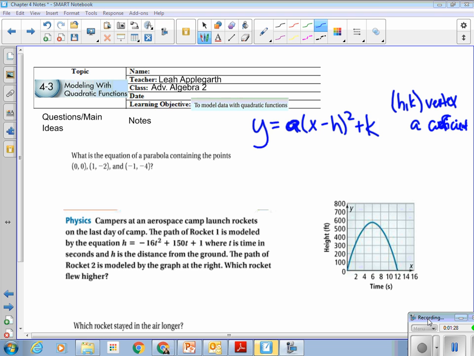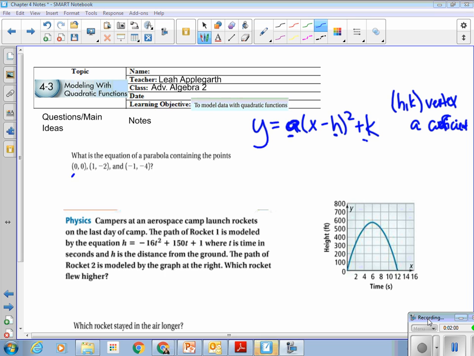So if we look at this equation, if we're trying to put together an equation, and I have x and y, I will have an a, an h, and a k. That totals 3 unknowns. And if I have 3 coordinates, then I have 3 equations, 3 unknowns, and we did a whole section on how to solve those.